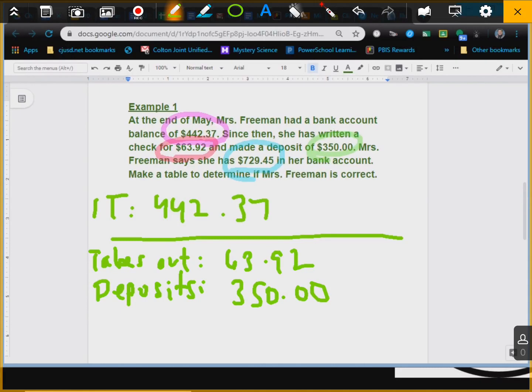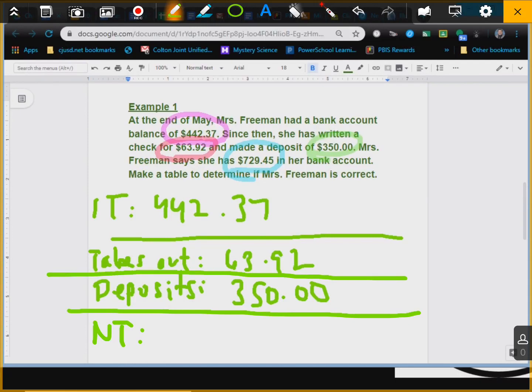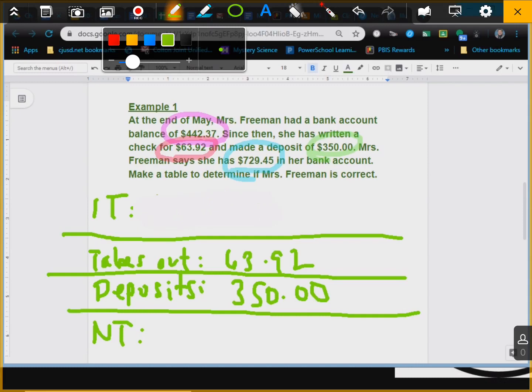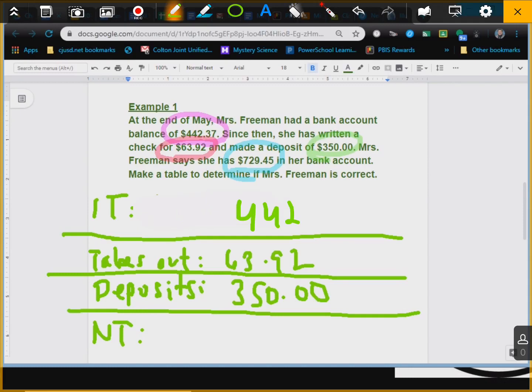And now we need to figure out the new total, which I'm going to put as NT. So this is our table, essentially, okay? And let's go ahead and take a look at it. And if you want to really make this a nice, organized table, you can just line up all your numbers, 442.37, and then boom, you got a table right there.